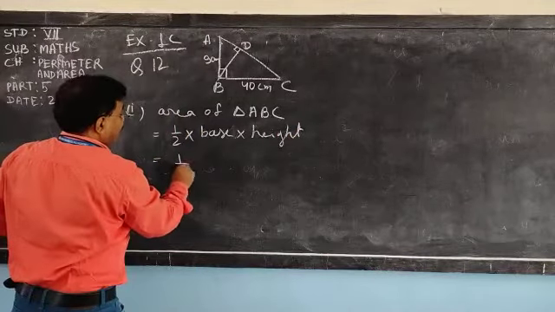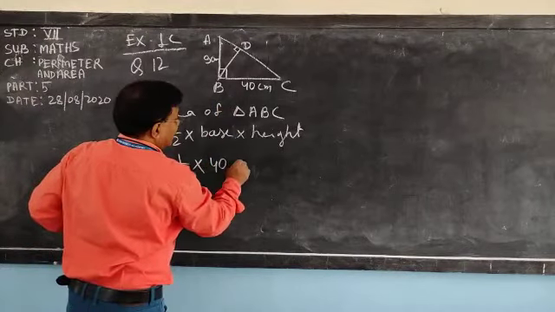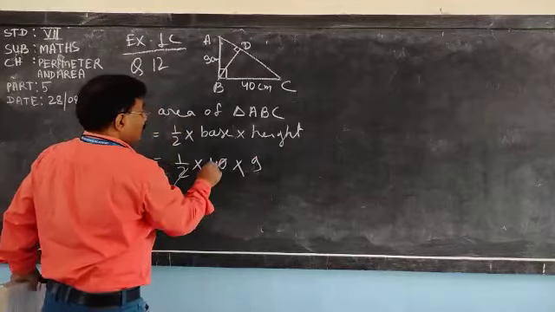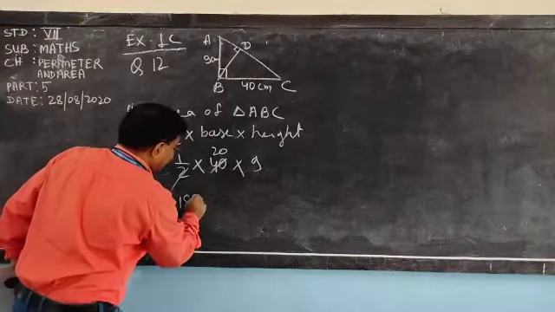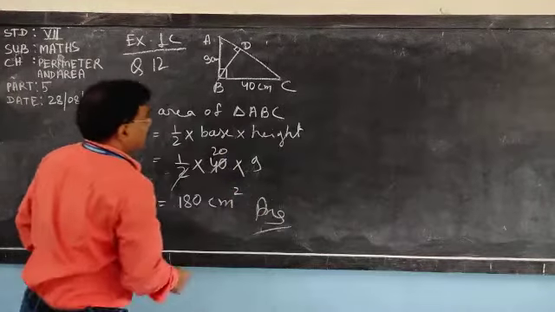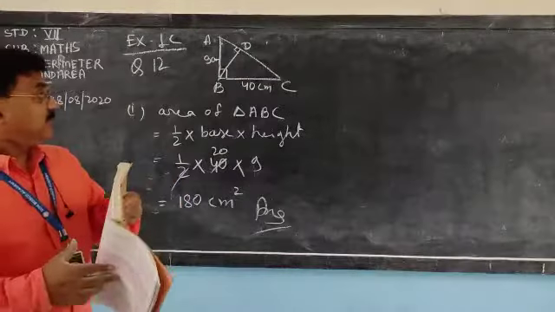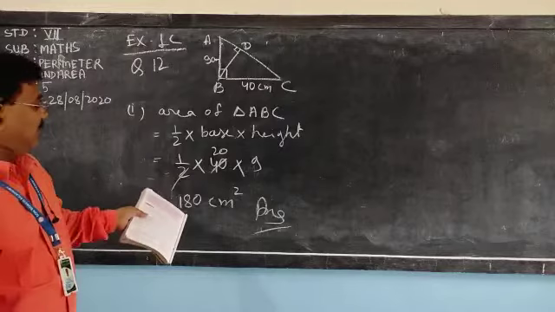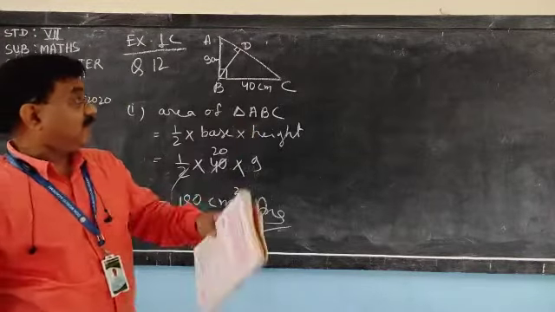Half into base 40 centimeters and height 9, which is 20 into 9, and 180 centimeter square, and this is the answer. So for the first question we have got that area of triangle ABC will be equal to 180 centimeter square.